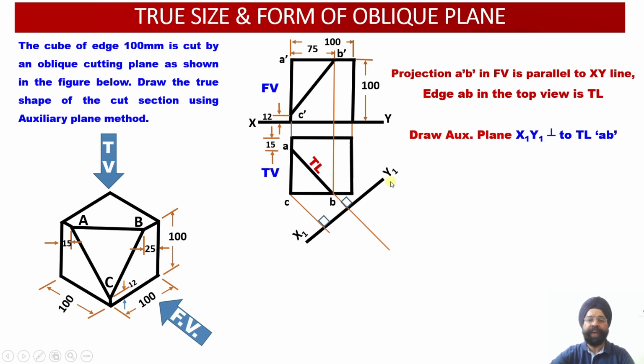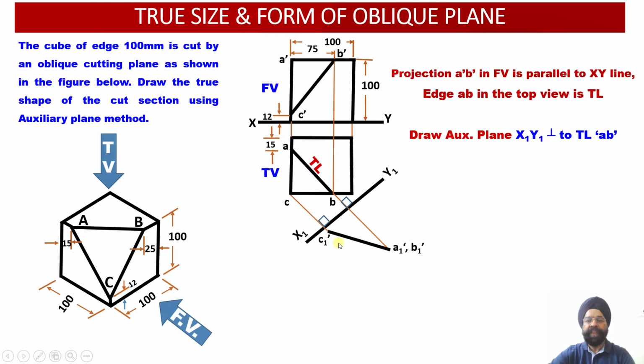So X1, Y1 is an AVP which I have drawn perpendicular to the true length which has been extended, and onto this AVP I am going to derive my auxiliary elevation of this triangular cut section.